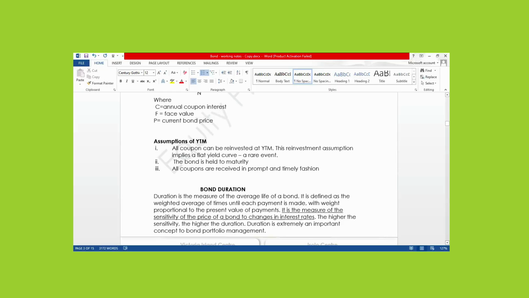That is the assumption with the calculation of YTM. Number 3 assumption: all coupons are received promptly and in timely fashion. The coupon interest will be received promptly.